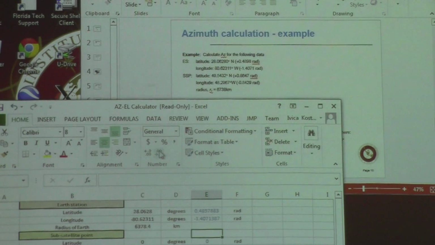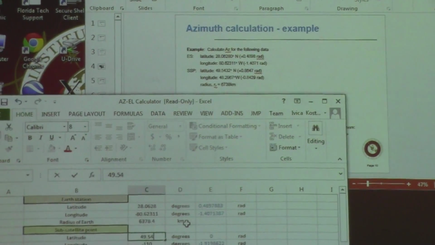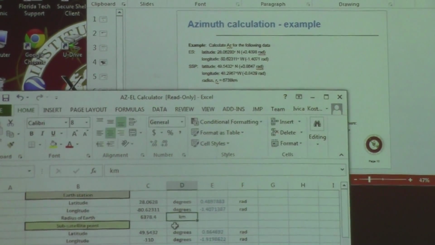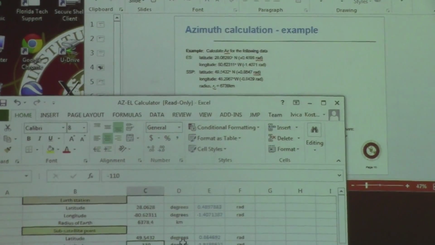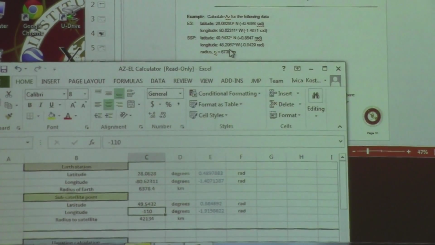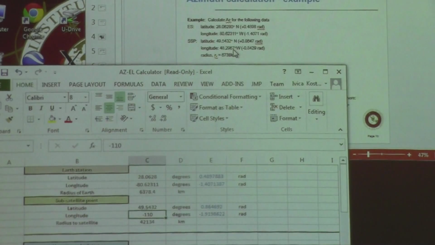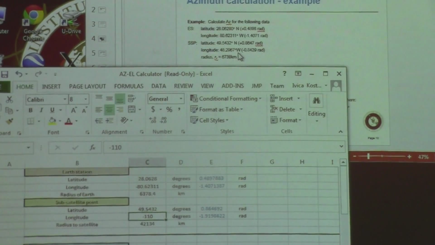Then we look at the subsatellite point here. The subsatellite point has a latitude of 49 degrees north. So let's punch that in: 49.5432. North, it's positive. Then it says it has a longitude of 48.2967 west, so that means negative. So it's minus 48.2967.